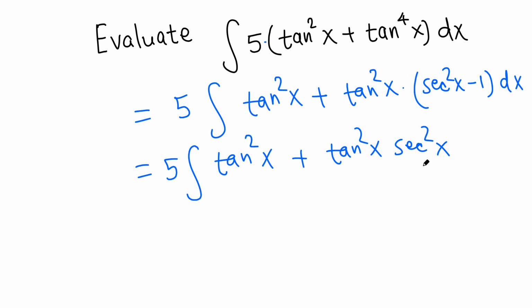For this part, we can simply integrate using a u substitution, because your u is tangent and the derivative of tangent is secant squared. So a simple u sub is good enough for this one. Minus, I'm distributing tangent squared: tangent squared times 1 is tangent squared, all over dx.